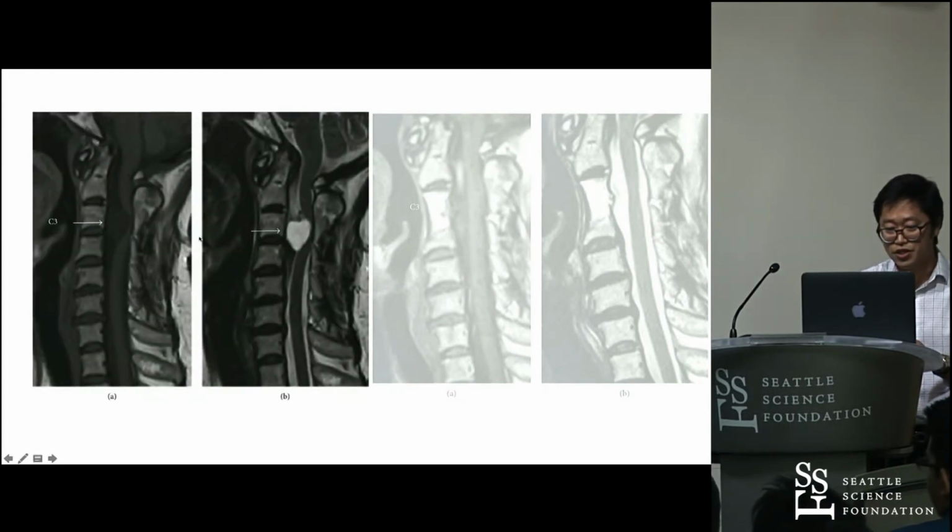So here, this patient was a little bit special because she initially had a neurenteric cyst growing and compressing the cervical vertebra, which led her to have hemiplegia.